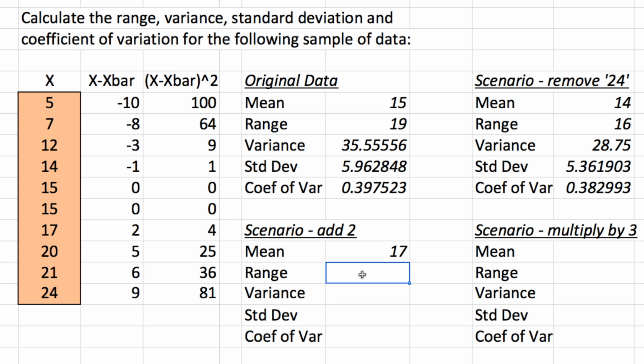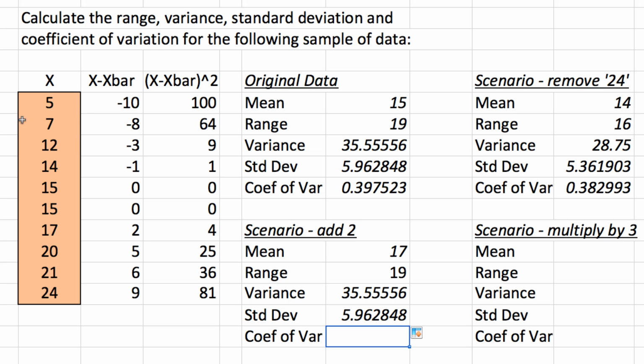The range is not going to change, right? The maximum is going to go up by 2 and the minimum is going to go up by 2. It's not going to change. Similarly, the variance is going to be exactly the same, and the standard deviation will be the same as well. Why? Think about it. You're shifting up the whole data set. The actual spread of the data hasn't changed.